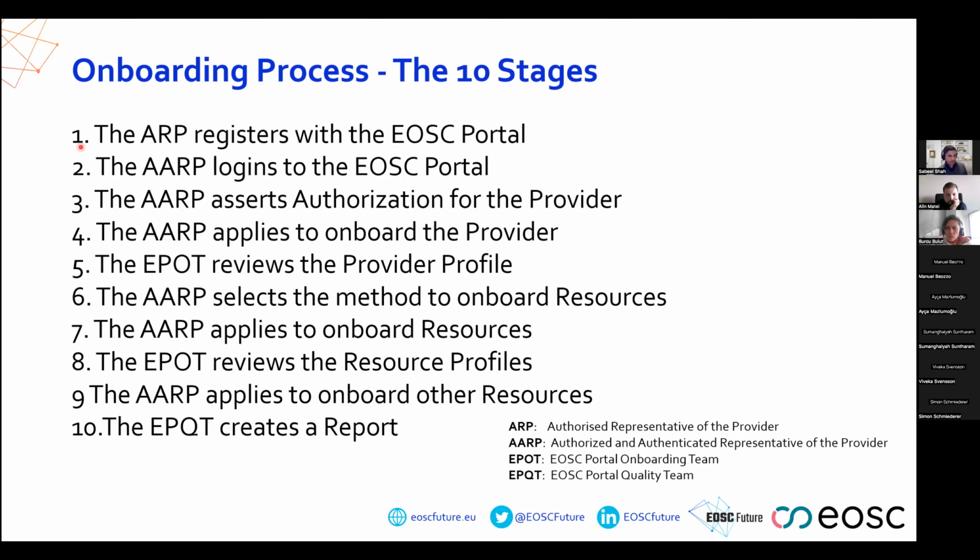So in stages 1 and 2, the providers register themselves and log in to the portal. And in stage 3, they assert authorization of themselves, so that, for example, if they are from a certain university, they say, yes, we are authorized by our university to become the provider.